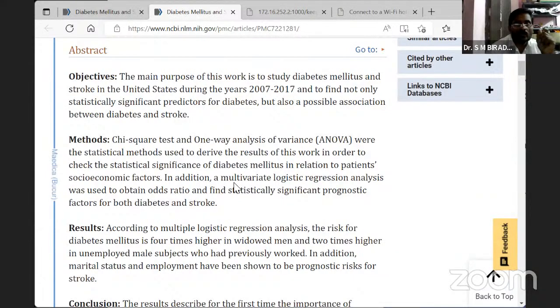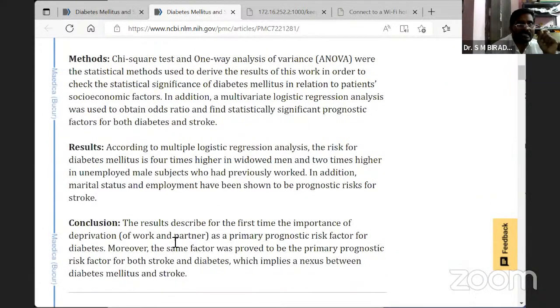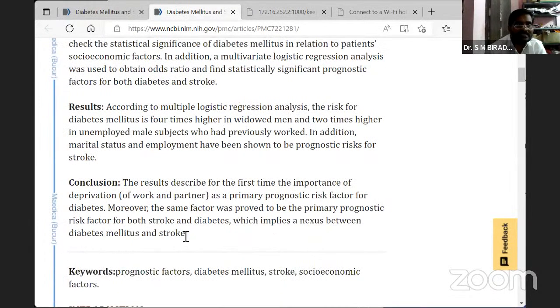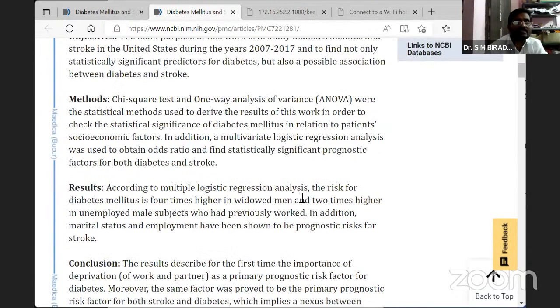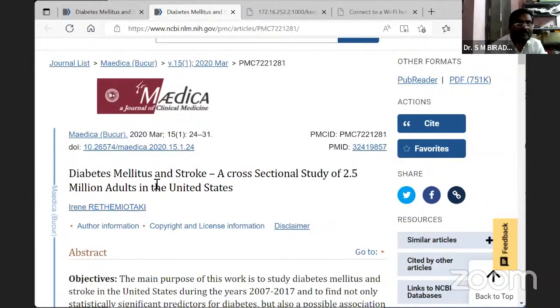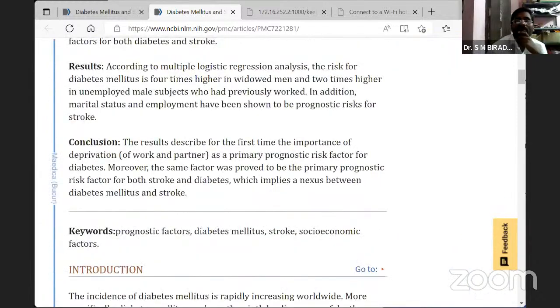The patients who are physically non-workers and have lost their partners are prone to have diabetes, and if the same risk factors are not addressed properly, they may get converted into a risk factor for stroke. So non-workers are prone to the development of diabetes and stroke. This is how a cross-sectional study can be framed: diabetes mellitus and stroke, and the nexus between these two. Like this, we can make out so many things.